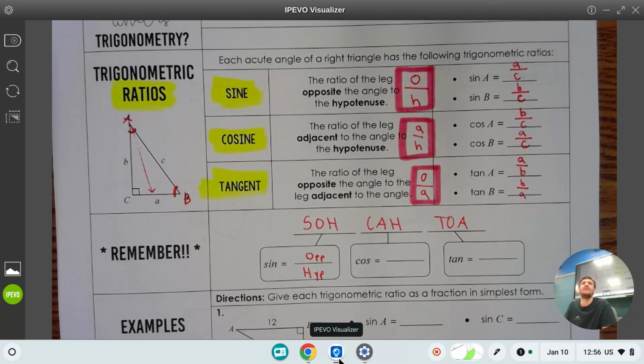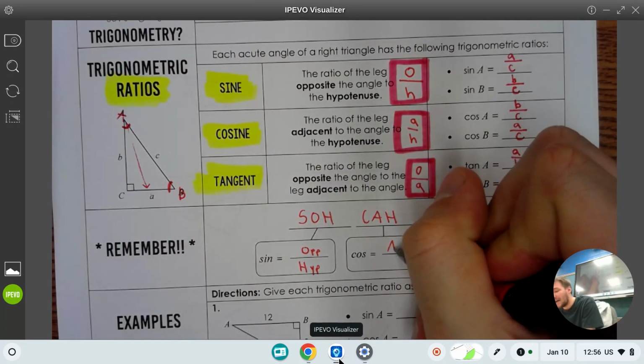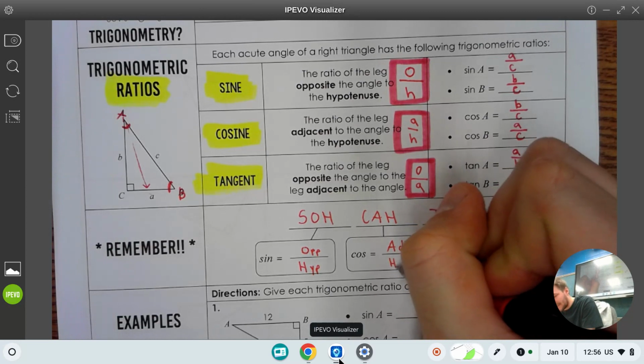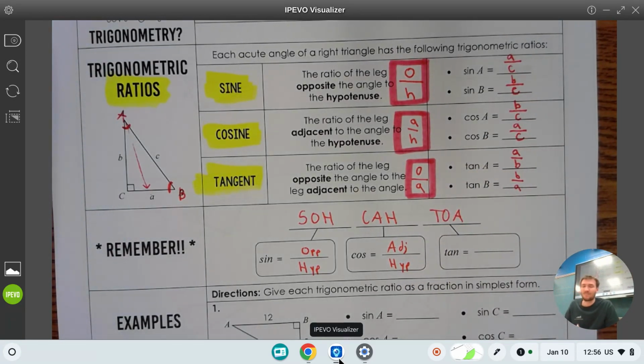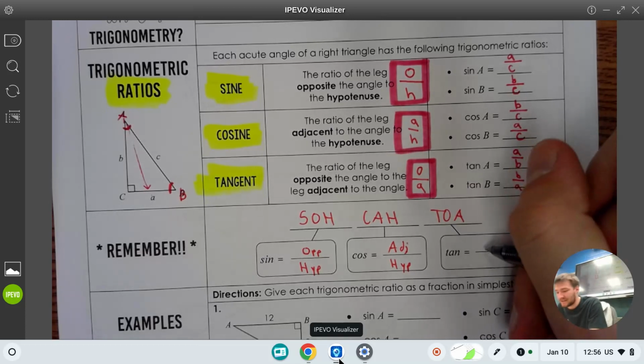Then your CAH. What do you think the CAH is? Cosine, adjacent, hypotenuse. And then the last one is TOA, which is tangent, opposite, adjacent.